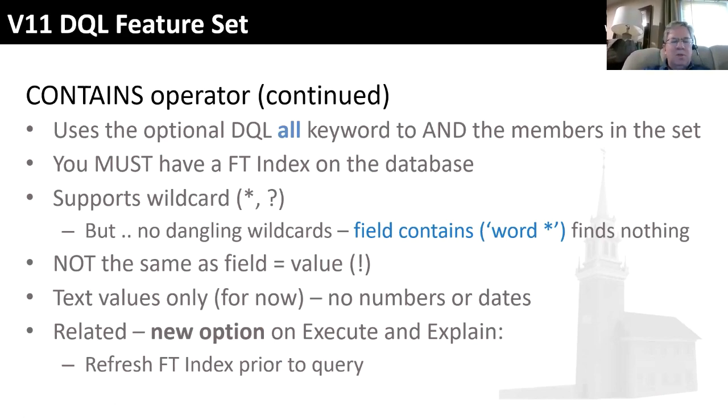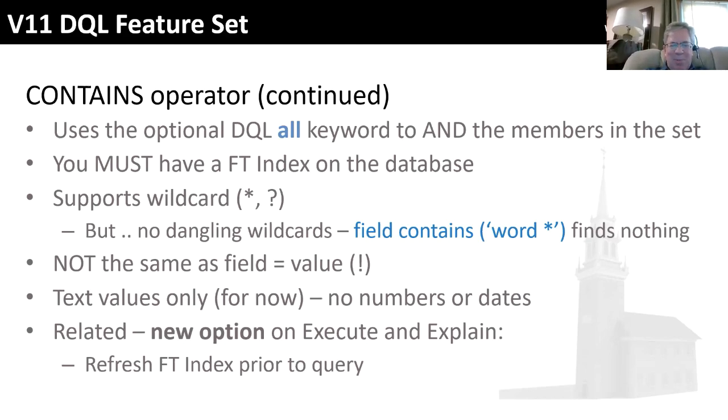Of course, you must have a full text index on the database, and this will not create the full text index on the database. So there may be some administrative setup to be done, if we haven't got one. As I mentioned, it does support wildcarding. The two different wildcards supported are the asterisk, which is any number of characters, or the question mark, which is a single character.